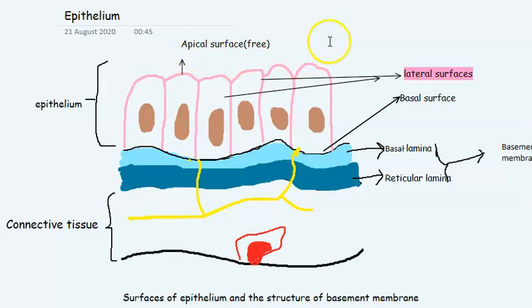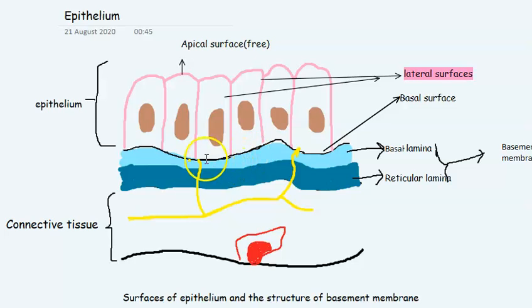For example, if this is an intestine, then the apical surface will be facing the lumen of the intestine, and the basal surface will be deep to the epithelial layer, adhering to the basement membrane. And these are the lateral surfaces, the surfaces of the adjacent epithelial cells.